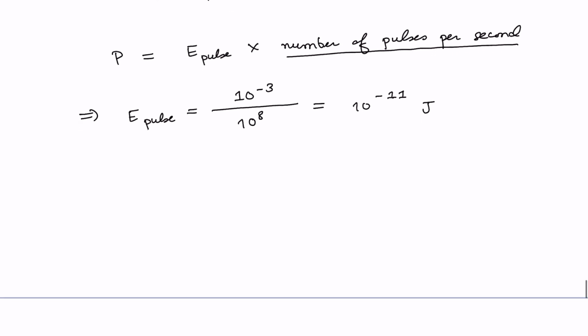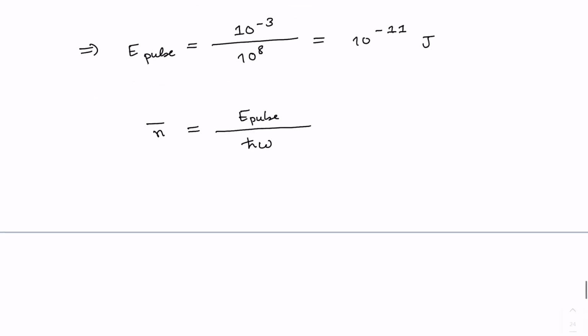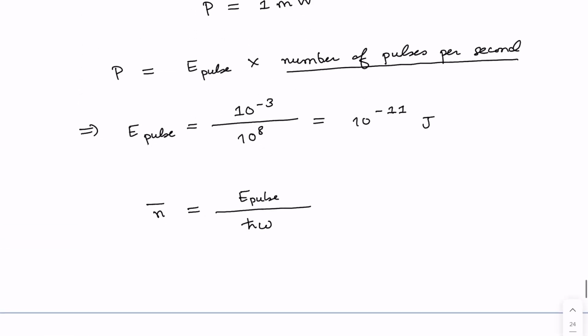Now the average number of photons per pulse is given by the energy of a pulse divided by the energy of a single photon, which is h bar omega, and you can calculate it in a similar way as we have done in the last problem.